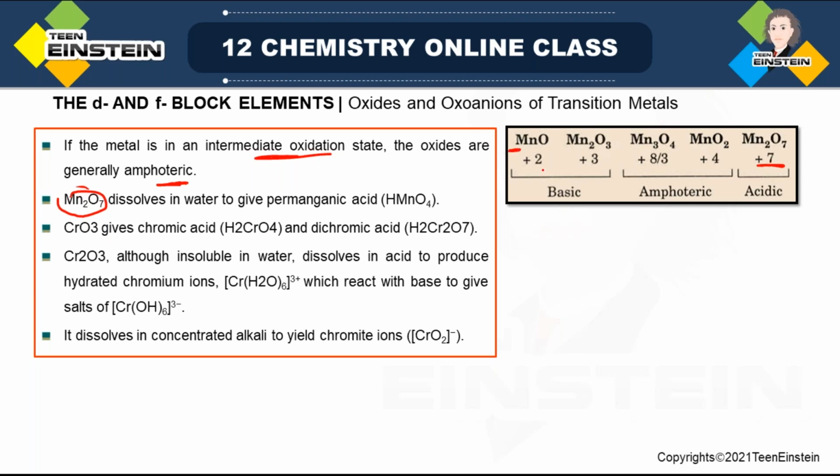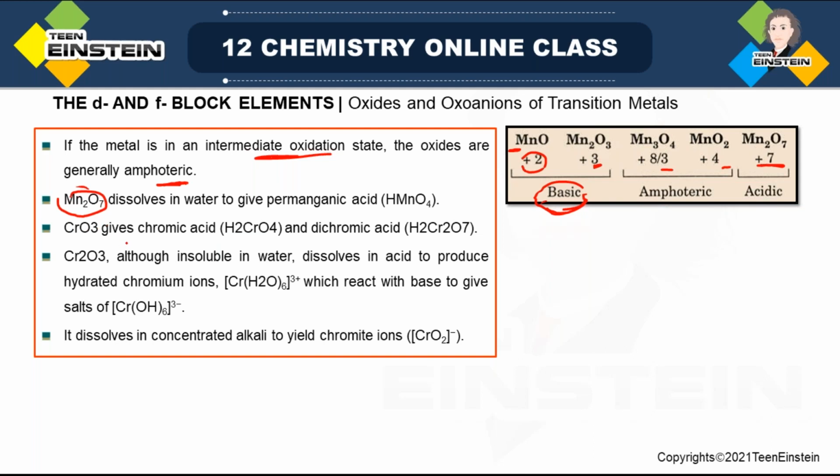MnO, where the oxidation state is +2, then Mn2O3 where it is +3, Mn3O4 where we have oxidation state 8 divided by 3, then MnO2 with +4, and +7 in Mn2O7. Now see, the first two are basic in nature because the oxidation state is on the lower side, but +7 is very high, so that is why it is acidic, and 8 by 3 and +4 are intermediate, so they are amphoteric in nature.